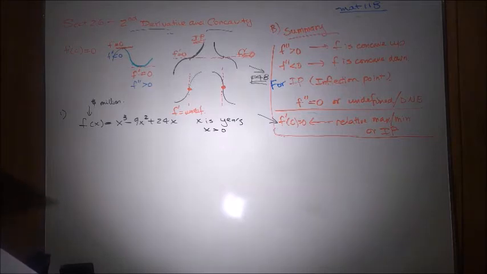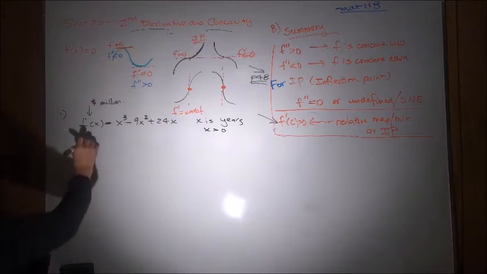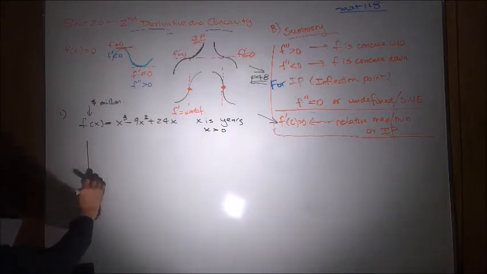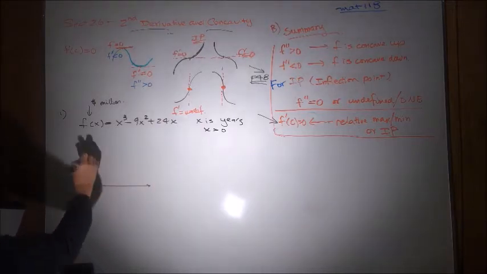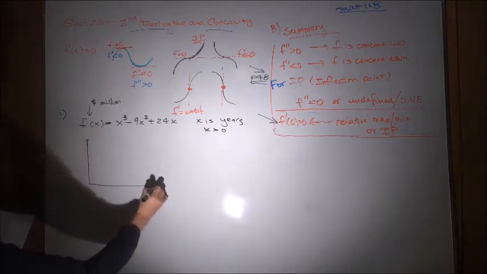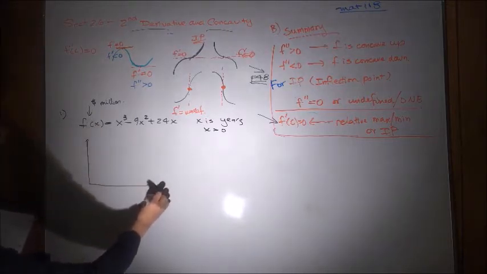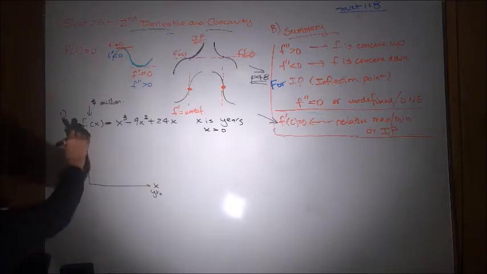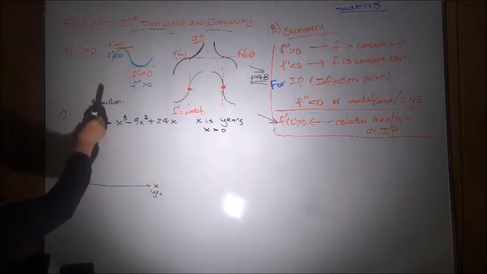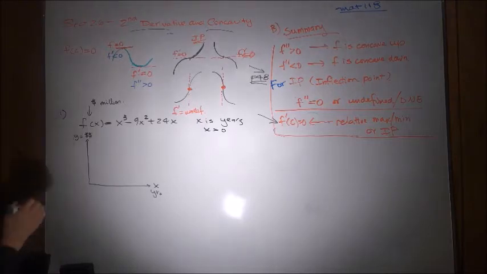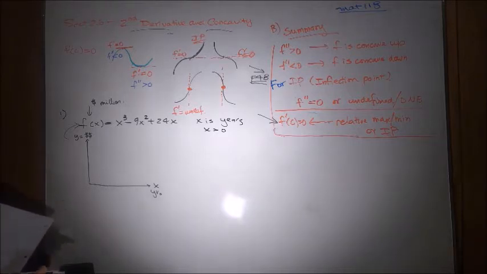Interpret the inflection points. Okay, so you will use calculator to do this. X will be your what? Years, right? Then Y will be your what? Dollars in millions, right? So your Y is your f of X. Then f of X, the function, is your model.